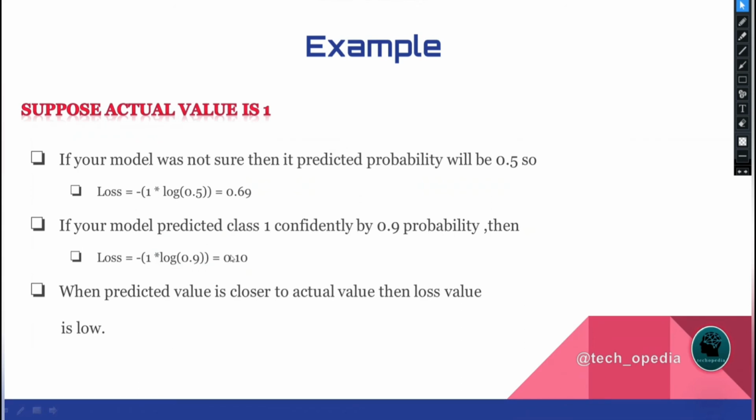Lower the log loss value, better our model is performing, because this probability is nearer to 1 as actual value and predicted probability value is closer to each other, so the log loss error will be lower. When predicted value is closer to actual value, then log loss value is low.